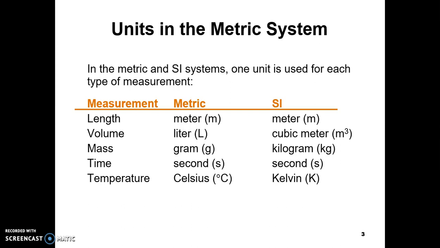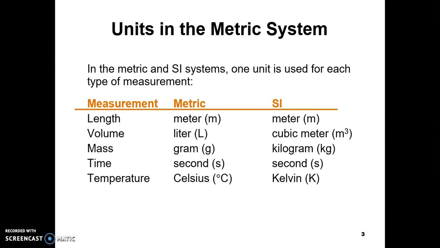If one scientist in one country is using one unit and a different scientist in a different country is using another unit, there will be confusion, because how are they going to compare their results? So scientists all over the world should use one unit, and in our class we are going to use the metric system.